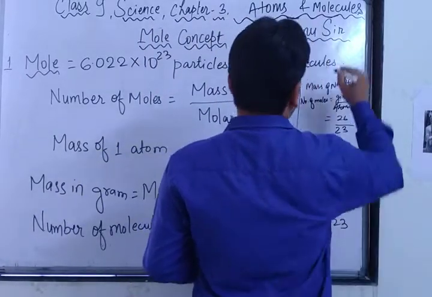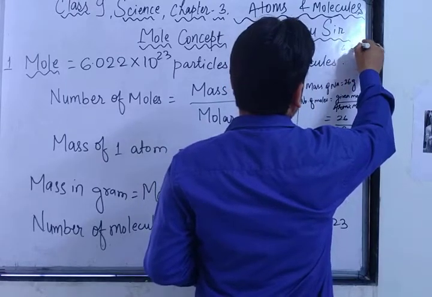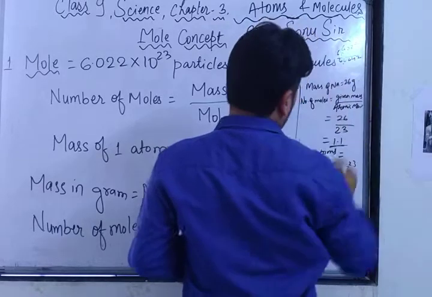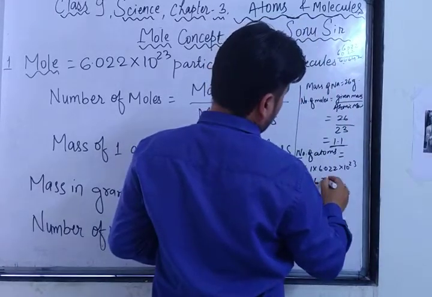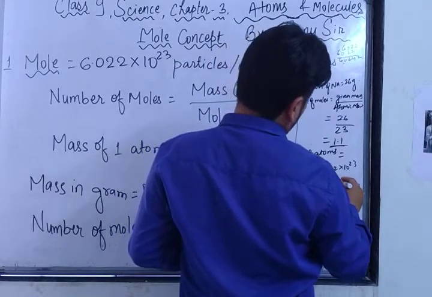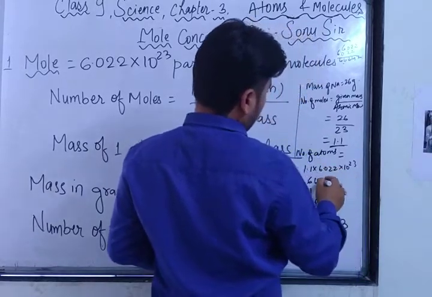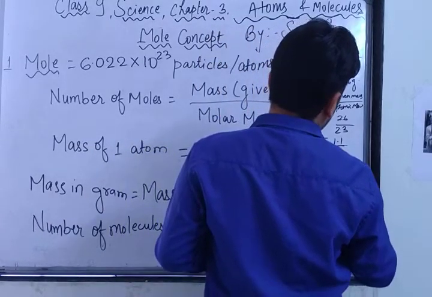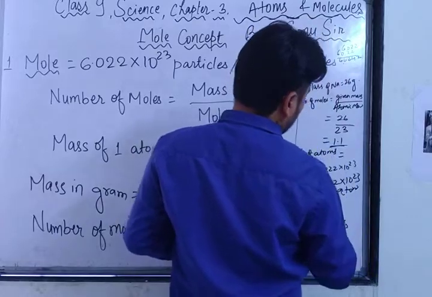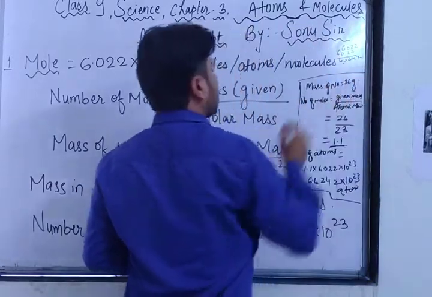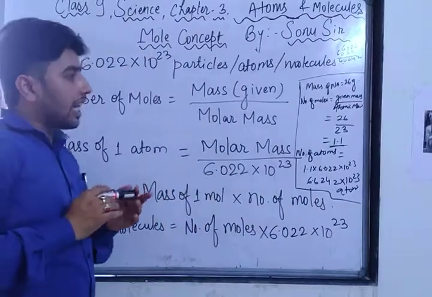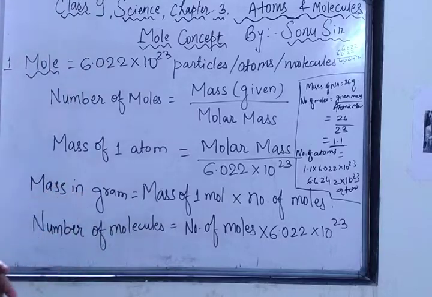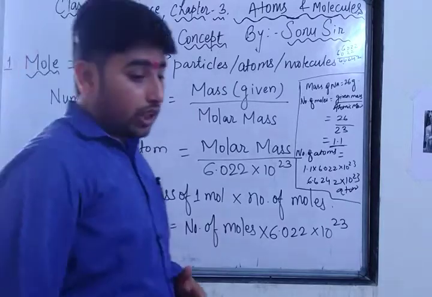So 6.6242 into 10 to the power 23 atoms are present in 26 grams of sodium. Just like this, I will give you some questions on how to calculate the number of moles or number of atoms present in the given mass of that element.